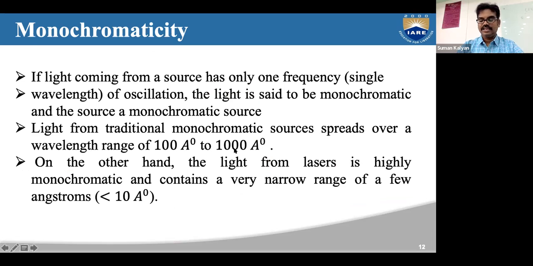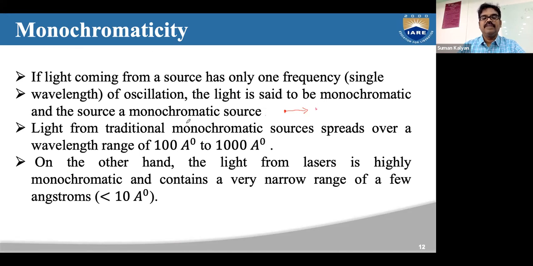The last important characteristic of the laser is monochromaticity. As we have seen, if light coming from a source has only one frequency of oscillation, then the light is said to be monochromatic, and the source a monochromatic source. That means any source emitting a particular color has only one frequency.